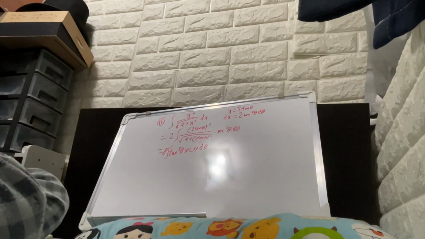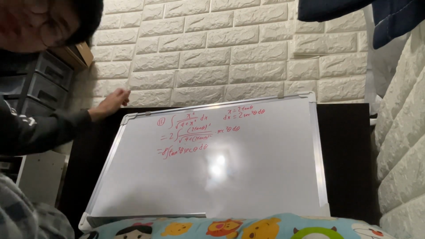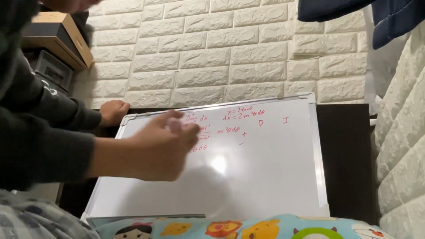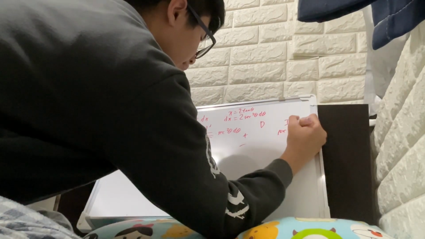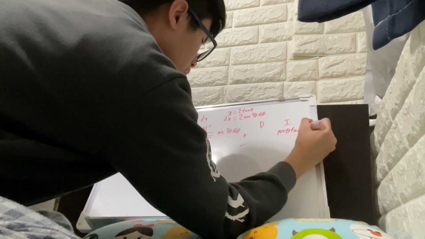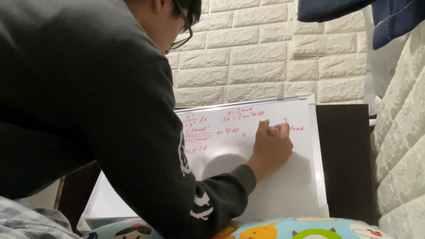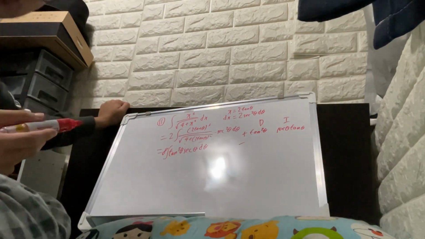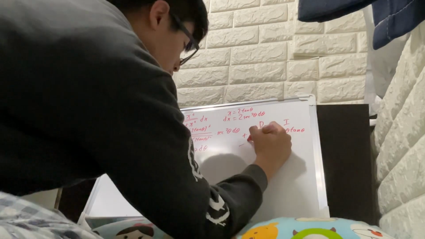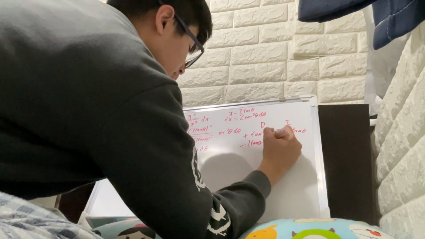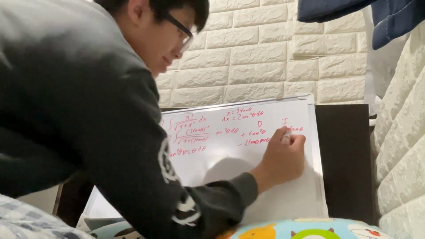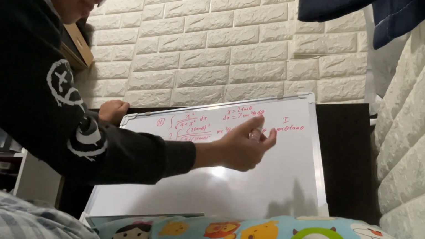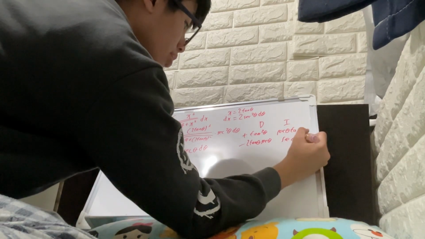How can we integrate? Let me use integration by parts here. In the tri-sub, we're gonna integrate secant theta tangent theta, and then we're gonna differentiate tangent square theta here. To differentiate tangent square theta, it becomes 2 tangent theta secant square theta. Yes, we will get very good here. And then we get secant theta.